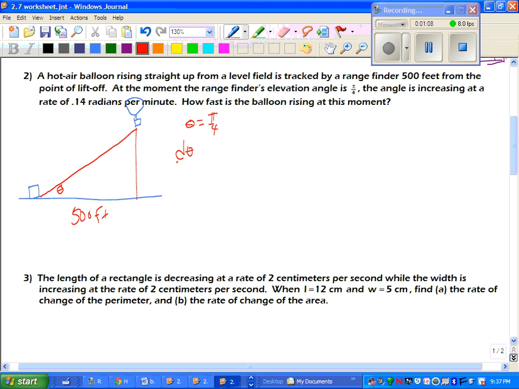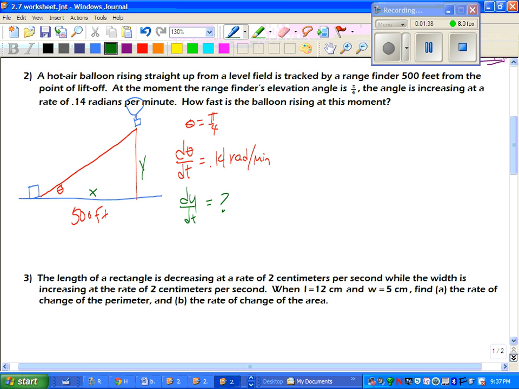So d theta dt equals 0.14 radians per minute. It's asking us how fast is the balloon rising at this moment. So this vertical change, we'll go ahead and label that y, right? Horizontal is x. So it's asking, what is dy dt at this time?